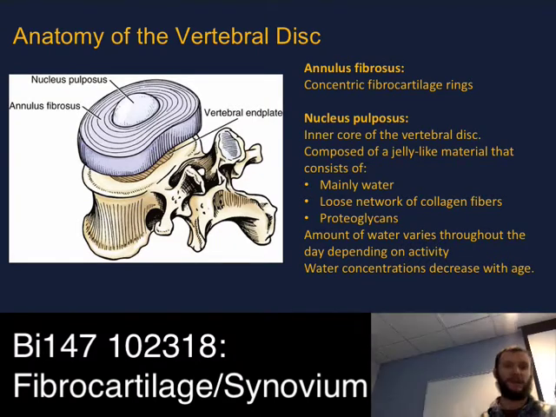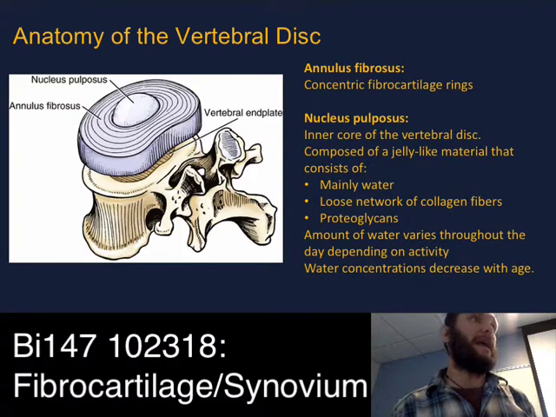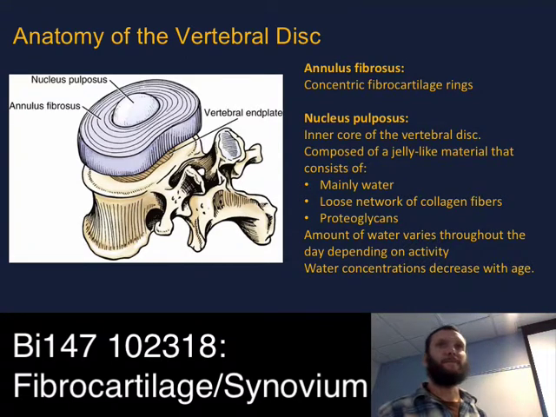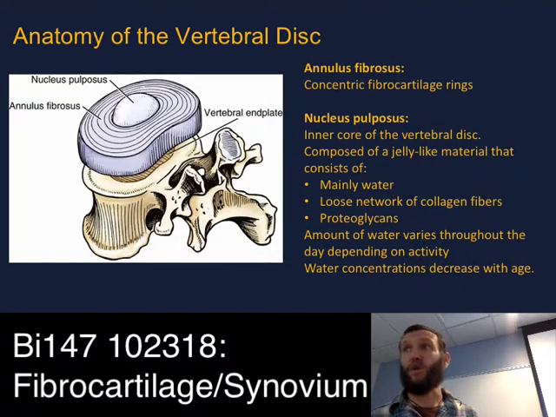There are two parts to a disc: the annulus fibrosus and the nucleus pulposus. The annulus fibrosus, what does that name seem to suggest to you? It's fibrous. Okay, good. That's the second half of the word. What about the first half? Annulus. What word is that kind of like? Years. Yeah, like annual.